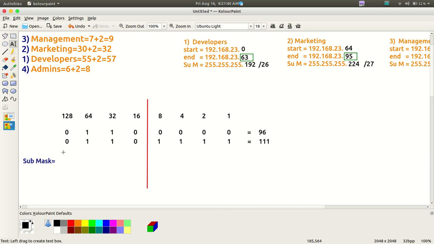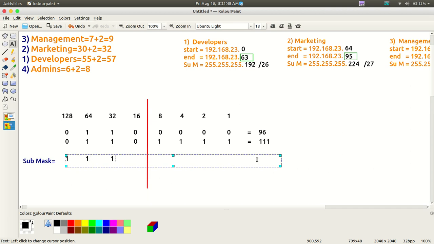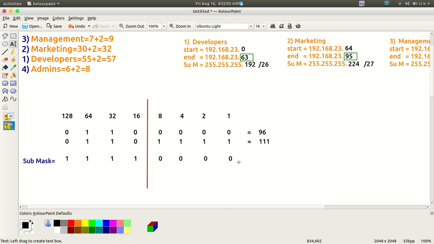And my subnet mask in this case, to fix the line in this place, I will need an appropriate subnet mask over here. 1 1 1 1, and the rest of the following bits are going to be 0. So there are 4 bits on and 4 bits off.